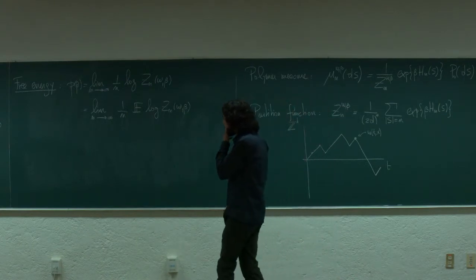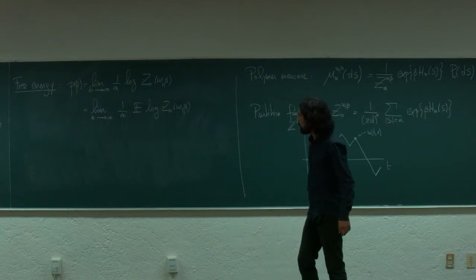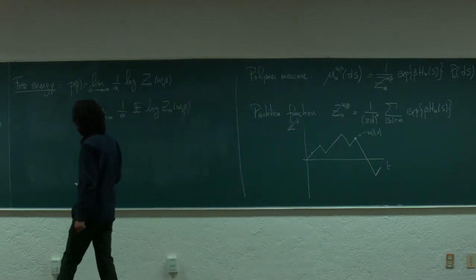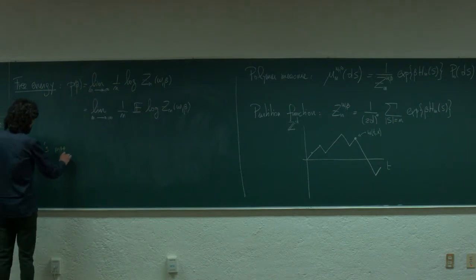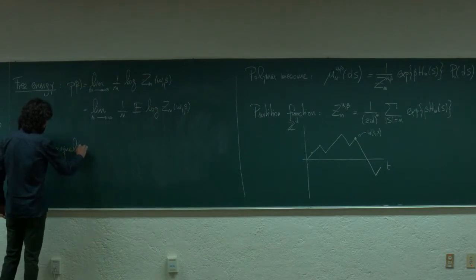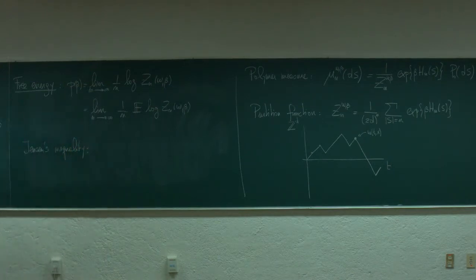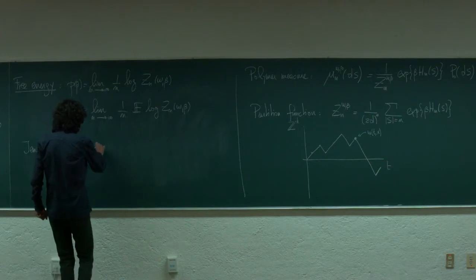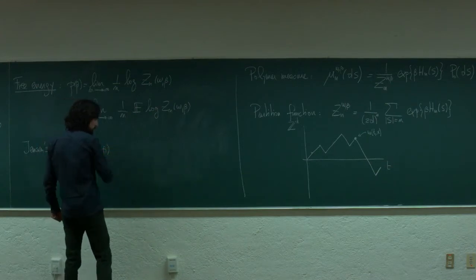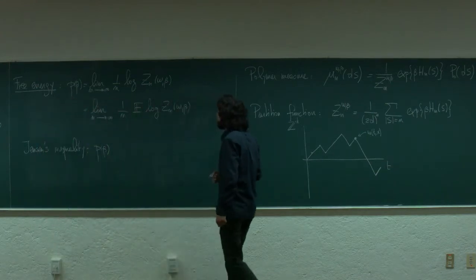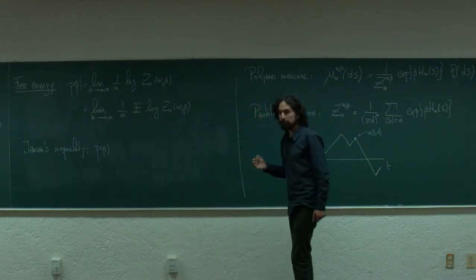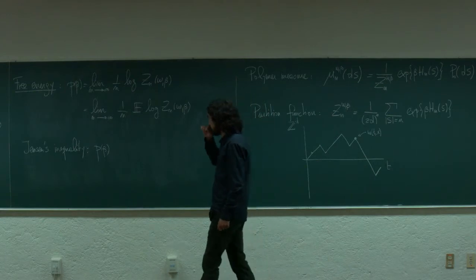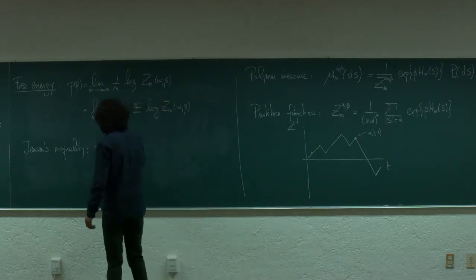So let me first give a bound on this quantity, which is an easy consequence of Jensen's inequality. You can bound p(beta) by what you would get by just commuting the logarithm and the expected value. So that's just by convexity.